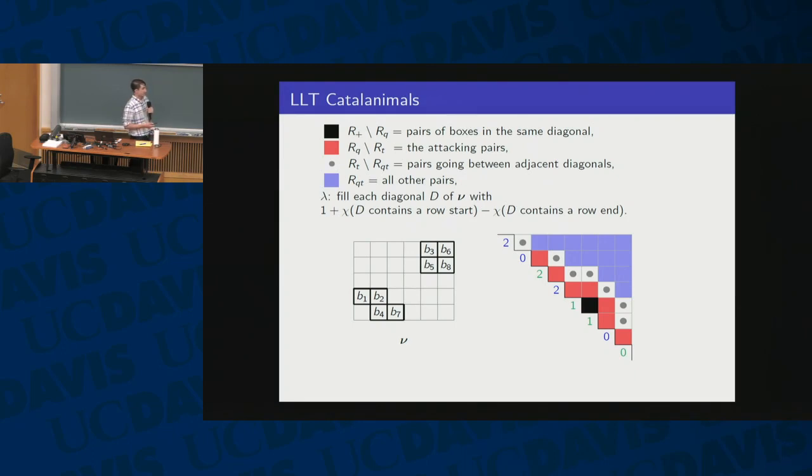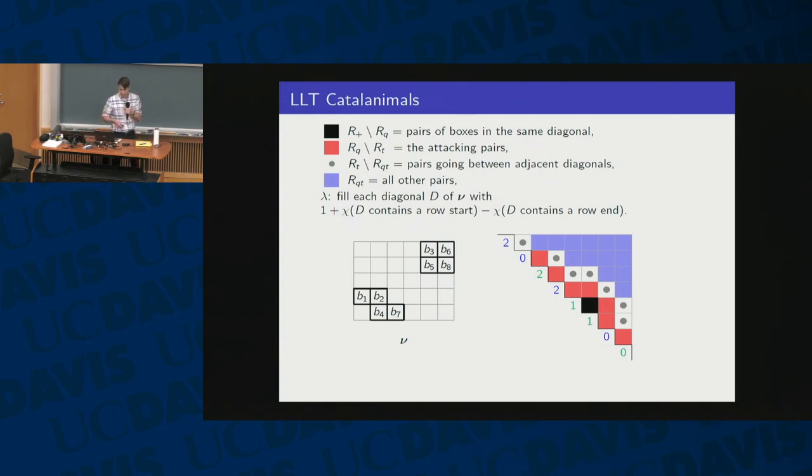Then we saw we had 7 attacking pairs as before, and so that's encoded in the difference between the Q and the T ideal, and that's these red boxes right here. And then we have pairs going between adjacent diagonals will be the difference between the T and the QT, and then finally the QT ideal is all of the other roots.